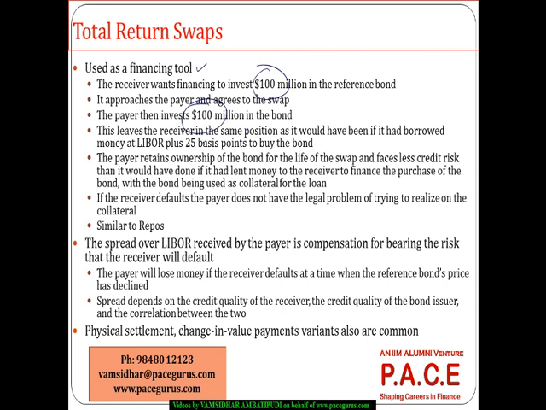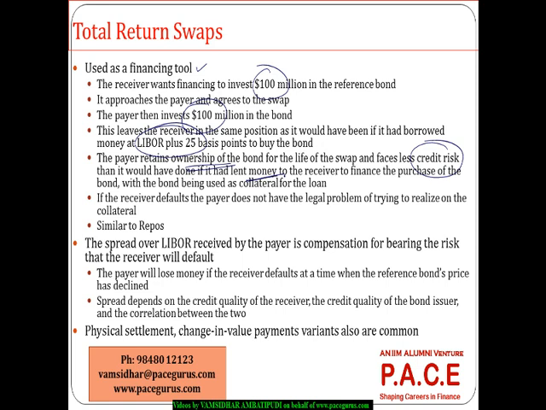Now the payer is receiving LIBOR plus 25 basis points for funding it. The ownership is with the payer, but the credit risk is much lesser because he has transferred it to the receiver. So if the bond has defaulted, the receiver will pay the balance. So the credit risk is much lesser.